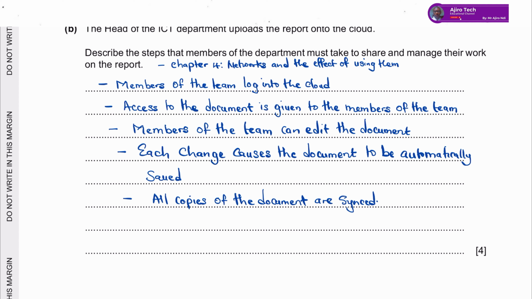They can edit the document, each change causes the document to be automatically saved, and all copies of the document are synced. And the head of department can see the history of the changes that have been made on the sheet and can always go back to any point he or she wishes.